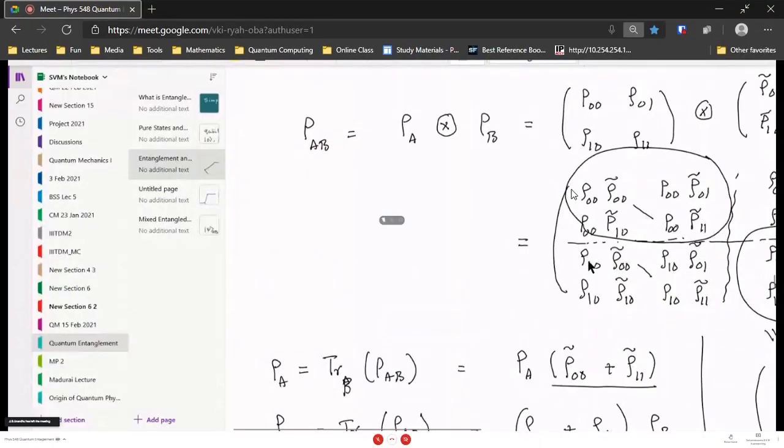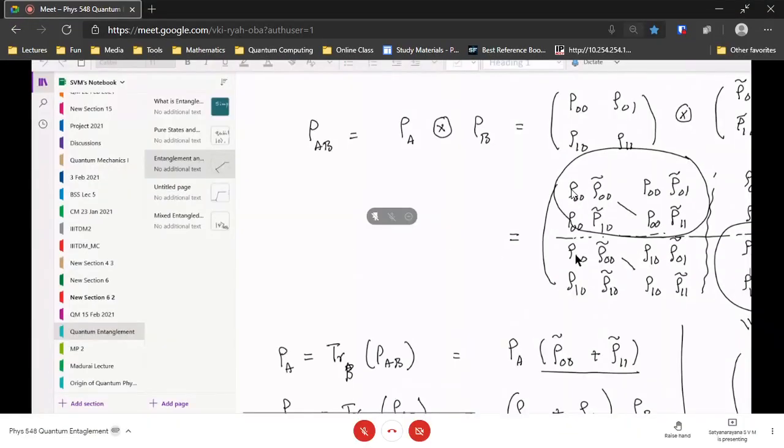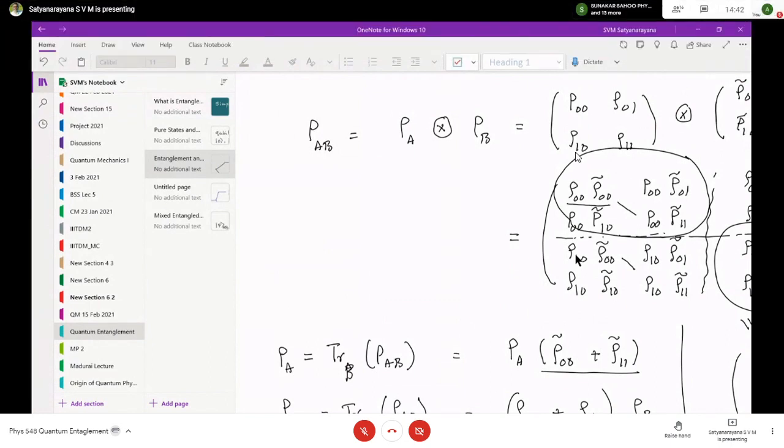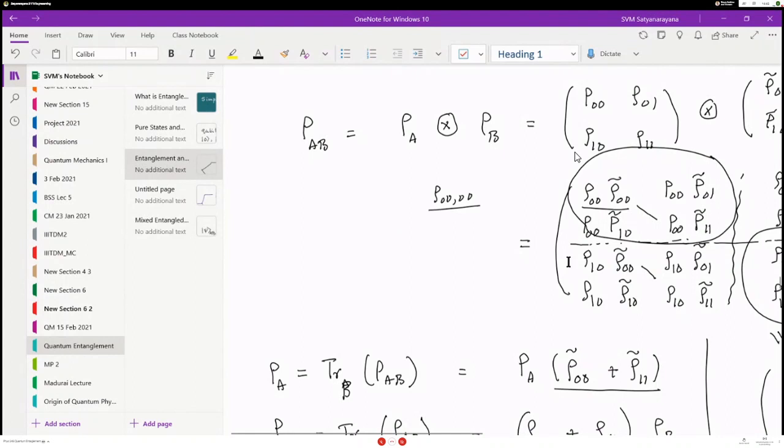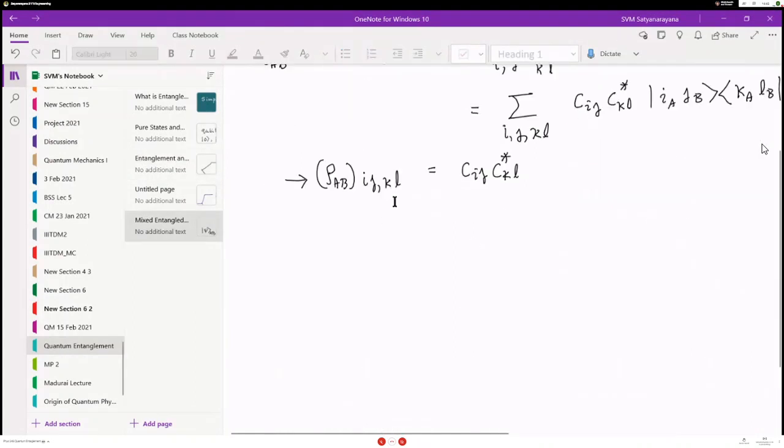Here you see we have this rho 0,0 and rho 0,0 tilde. So that is the meaning of that. In that notation, I would say that this is rho AB of ij, rho AB tilde of kl.